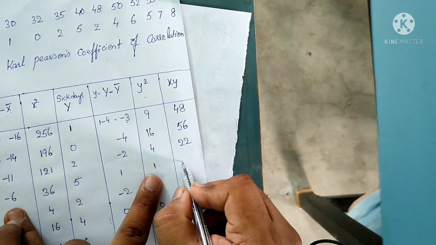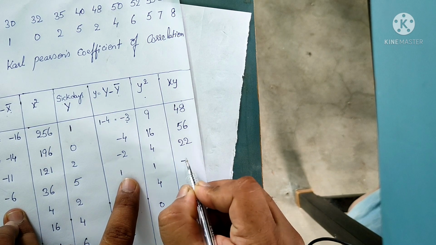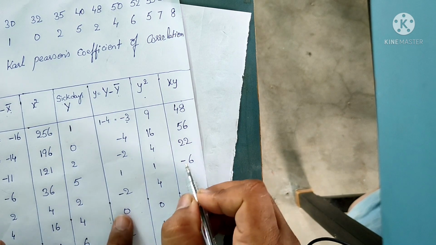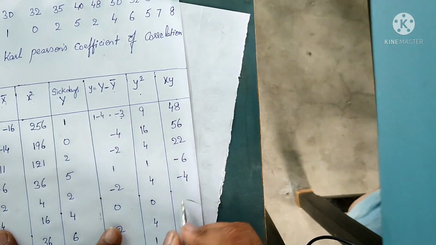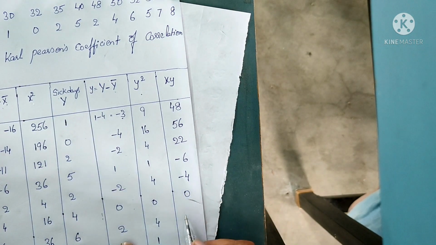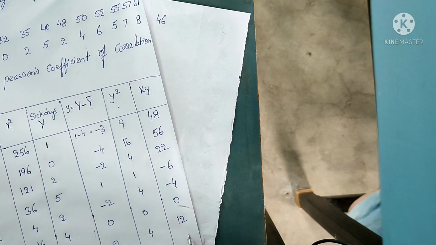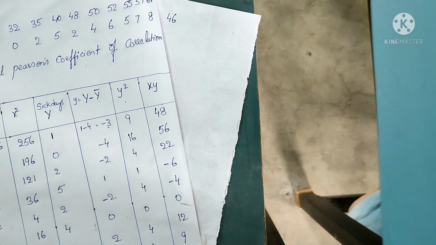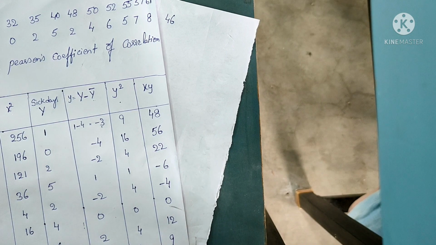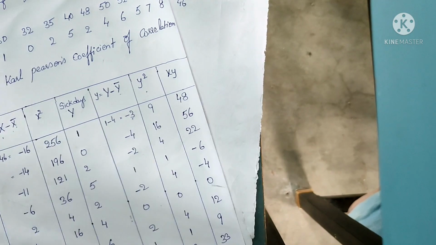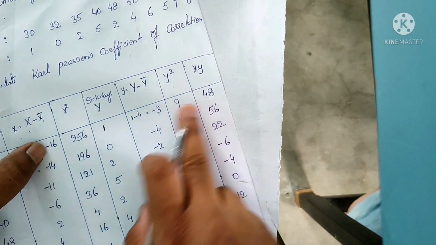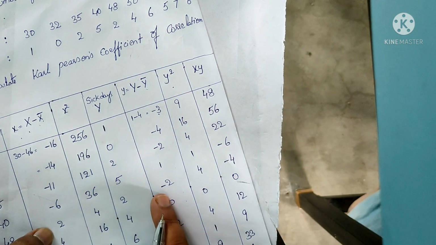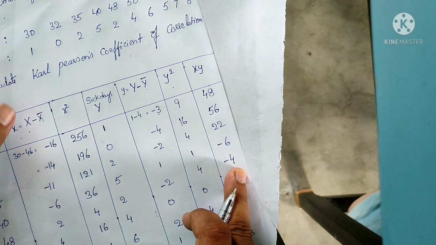Minus 6 into 1 is minus 6. 2 into minus 2 is minus 4. 4 into 0 is 0. 6 into 2 is 12. 9 into 1 is 9. 11 into 3 is 33. 15 into 4 is 60. So we have to see carefully: minus into minus is plus, and plus into minus is minus.